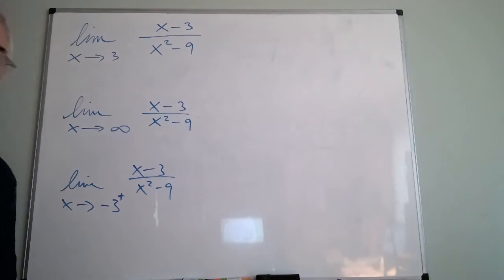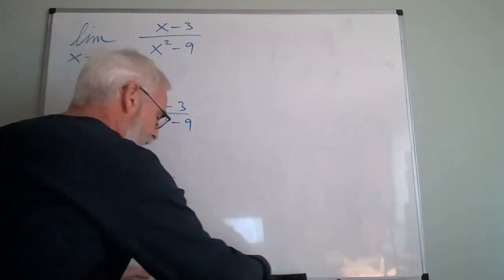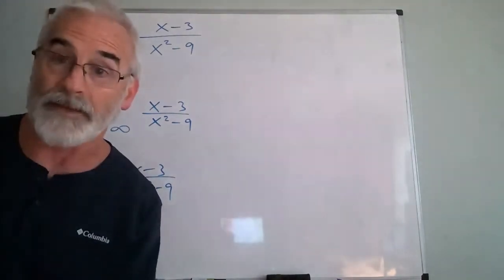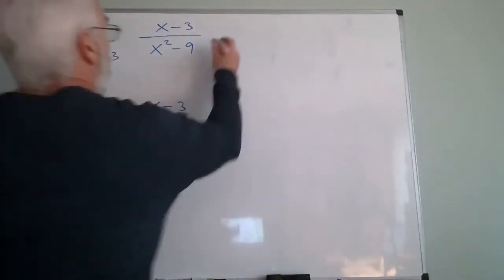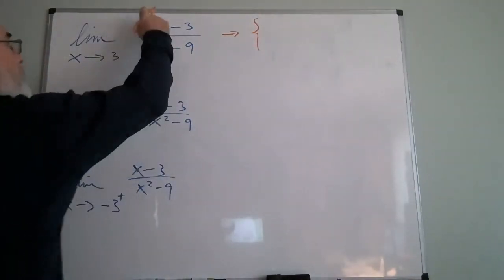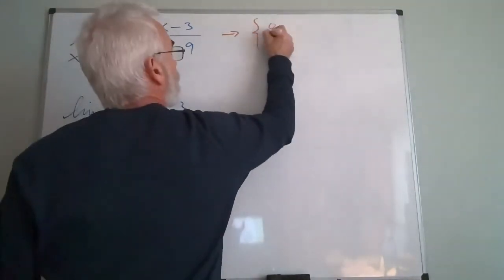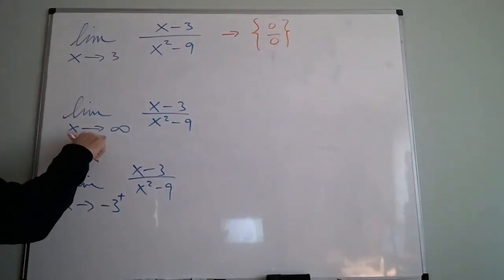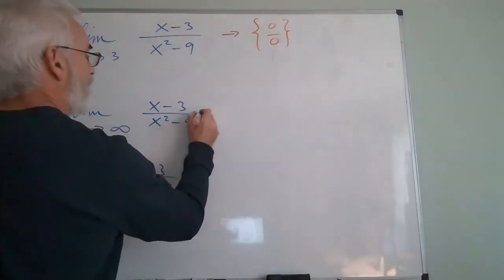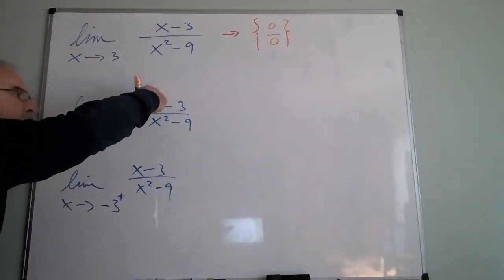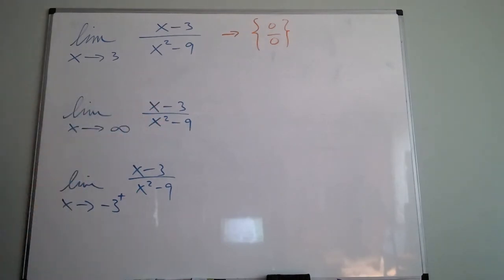Okay, so what we're going to do in each case, rather than just start mindlessly trying to answer the question, let's determine the form in each case. In the first case, as x approaches 3, my numerator and denominator are both approaching 0, aren't they? In the next case, as x approaches infinity, the degree of the numerator is smaller than the degree of the denominator, is it?